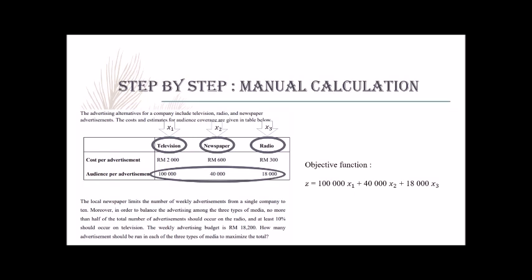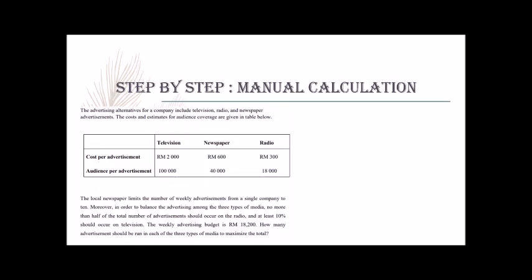Right after we set the objective function, we need to identify the constraints for this question. From the question, 18,200 Malaysia ringgit is the weekly advertising budget, so the weekly advertising budget will not exceed 18,200 Malaysia ringgit, while the cost per advertisement for each media is 2,000, 600, and 300 Malaysia ringgit respectively.